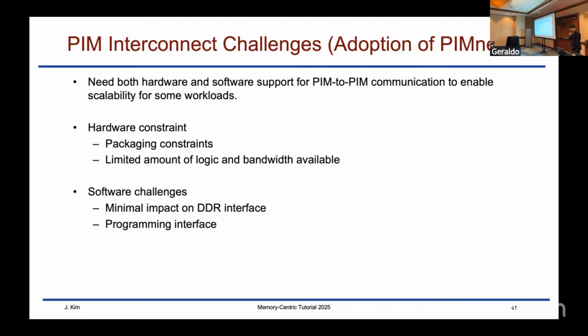But what are the challenges? In terms of the hardware, you can't ignore the constraints of a DRAM, what it can provide and what it does not provide. So you need to try to exploit that as much as possible. And obviously, you want to make sure it has minimal impact on software.